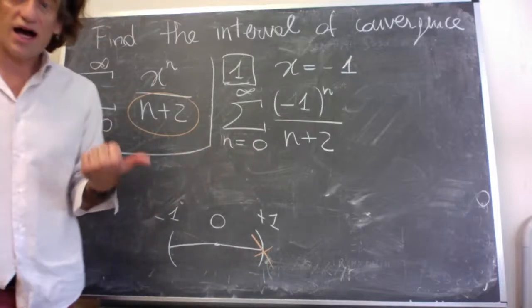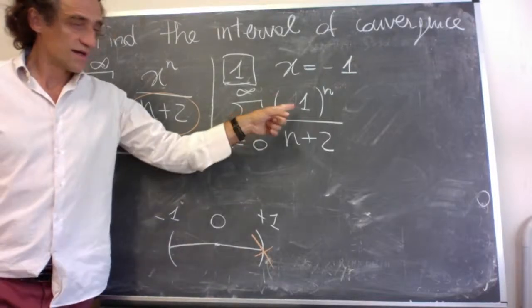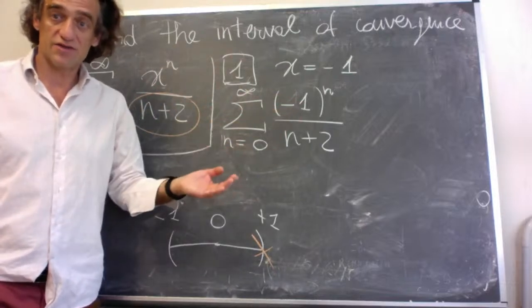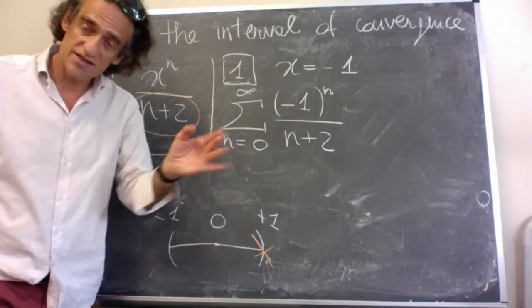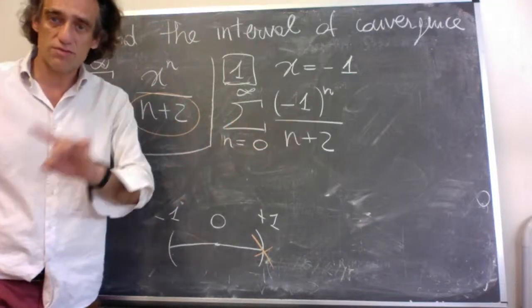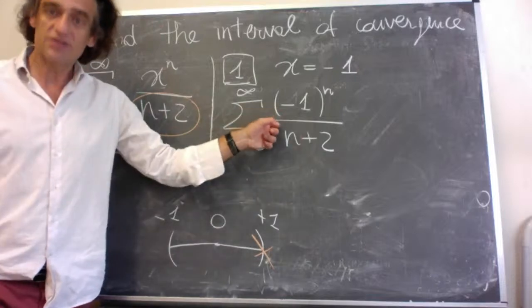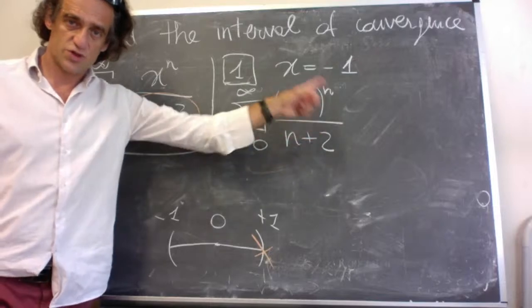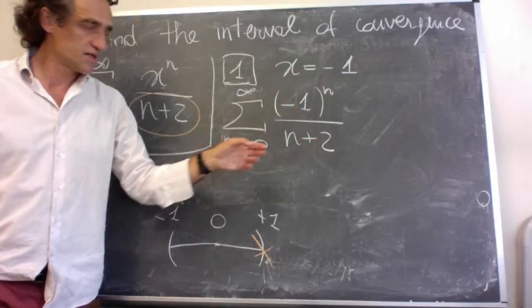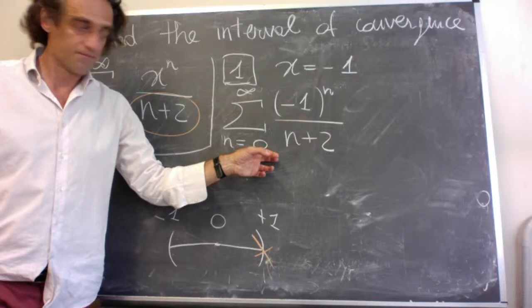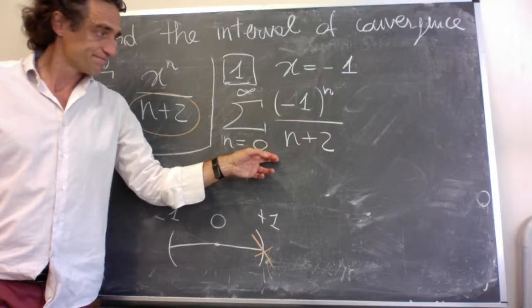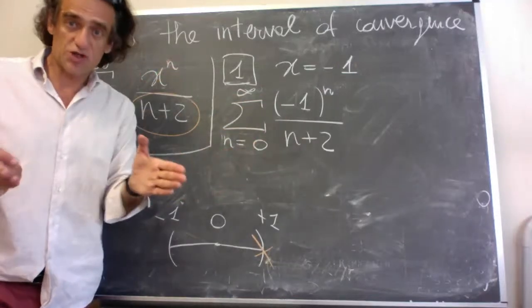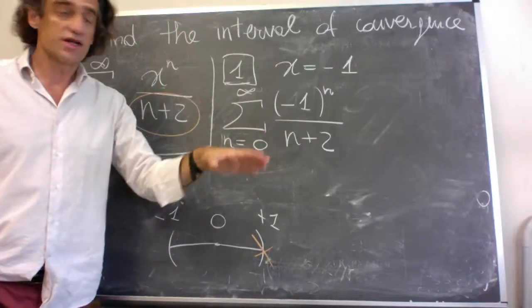If these three hypotheses hold: alternate sign, one positive, one negative, one positive, one negative, not two positive, one negative, three positive, six negative. So alternate sign; infinitesimality, the generic term goes to 0 as n goes to plus infinity; and third, the terms in absolute value are monotonically decreasing.